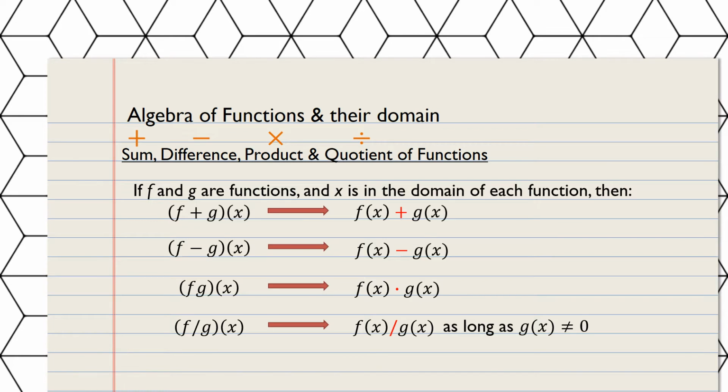F divided by g of x is the same thing as f of x divided by g of x, as long as g of x does not equal 0. Remember, g of x in this case is the denominator, and we know the denominator can never equal 0.